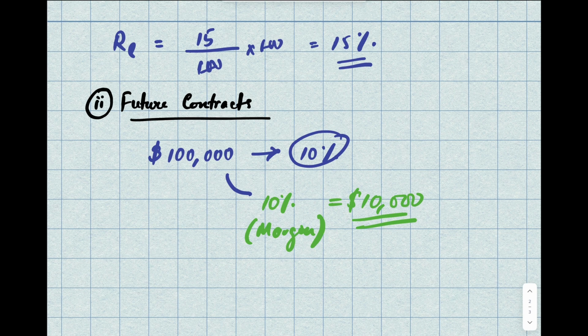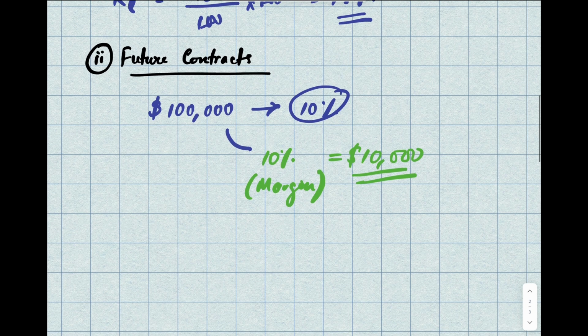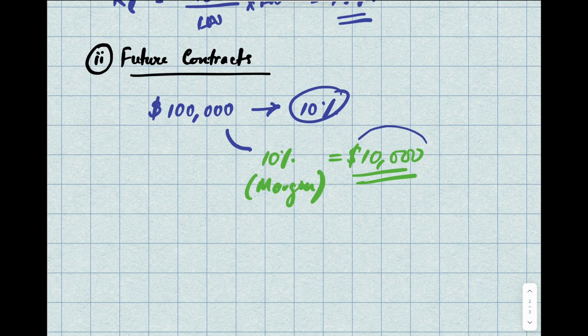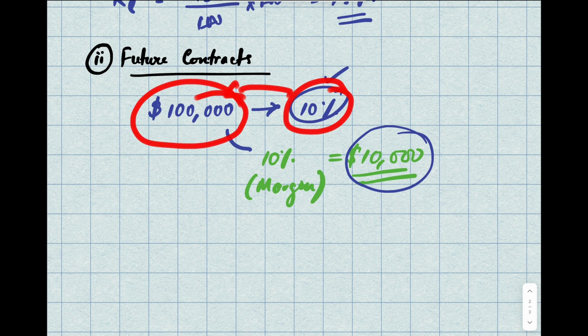Now, here the leverage works. Actually, you are putting only $10,000, right? But the return which you'll get after a year, you are sure, is 10%. This return will not be on this margin money, but on the entire asset.